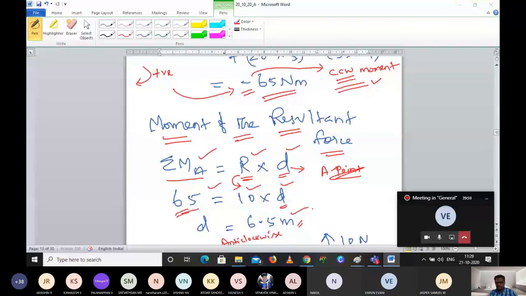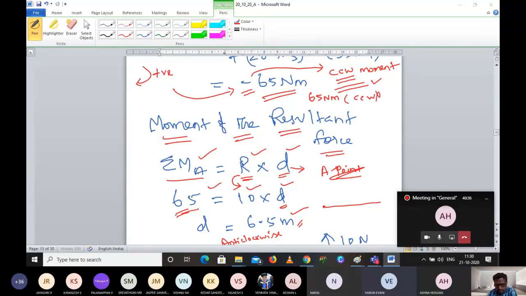Any doubt, guys, in this? Yes. So force we need to take negative. We have to consider negative or positive depending on the direction of rotation, right? Exactly. That is moment. When you are taking moment, we are assuming that clockwise is positive. Counterclockwise means negative. That's all. So instead of writing this, even if you are writing like this, I will be happy.